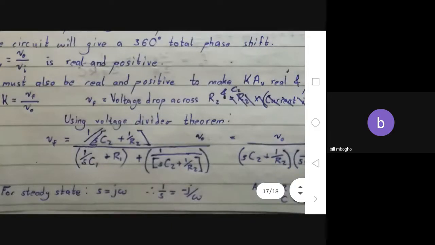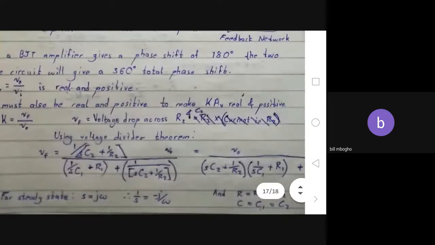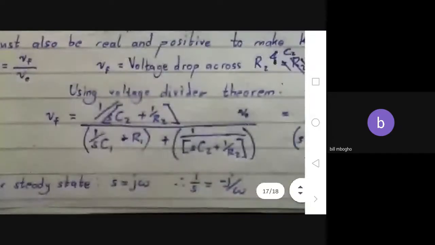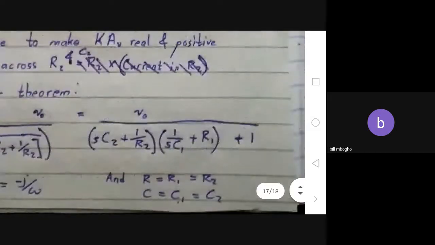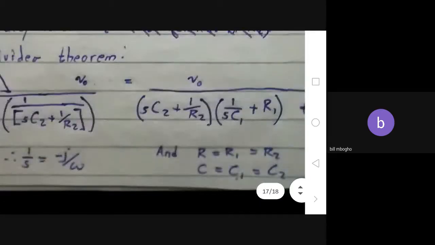So the parallel combination over the total, which will be the C1 and R1 plus the parallel combination. So that's this equation here. So with VF, with that calculation, again, I used S to avoid confusion. And I got here.